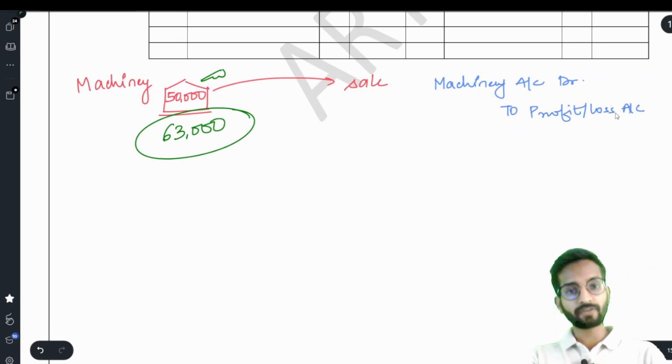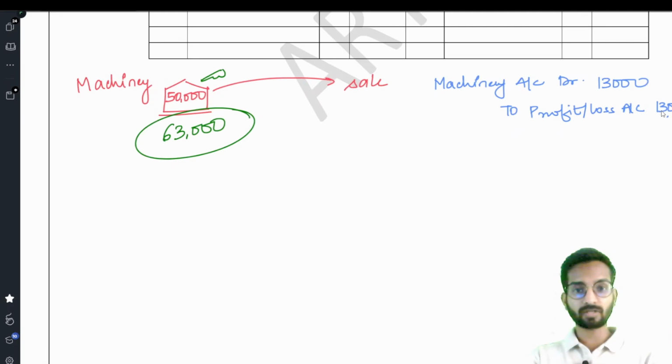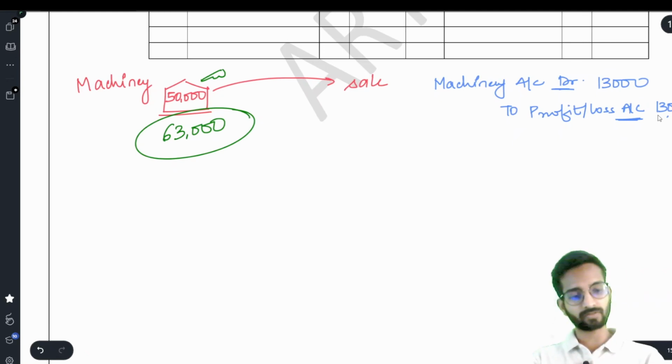Why are we crediting profit and loss account? Because incomes and gains are always credited. So I am crediting it by 13,000. Why? Because I know that my income will increase because the market value of my machine increased. So machinery account debit, because the asset is increasing, and I am earning profit. That's why profit and loss account credited 13,000.